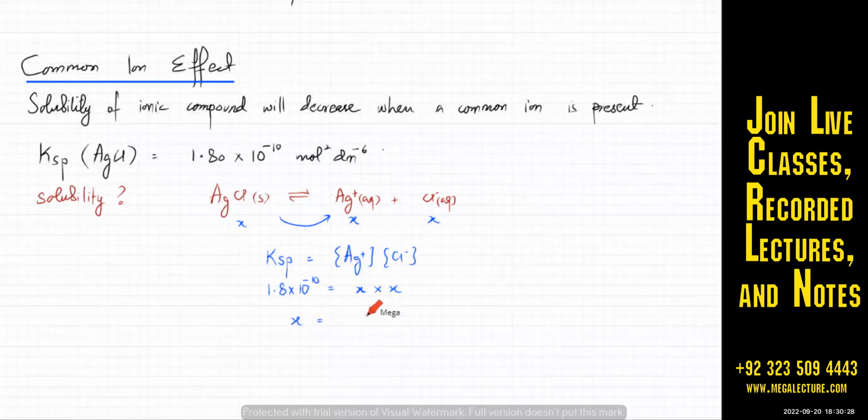Someone tell me quickly, what's 1.8 times 10 to the power minus 10, and the whole thing gets under-rooted? So what do we get for this? What is X? Achha, we are getting 1.34 times 10 power minus 5.